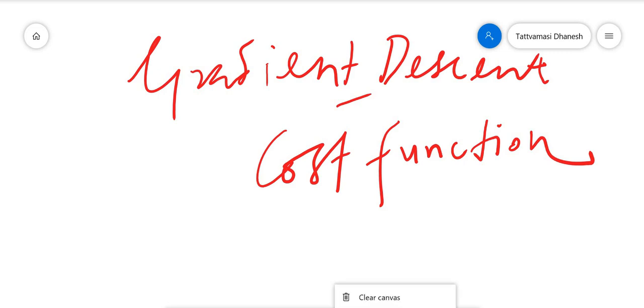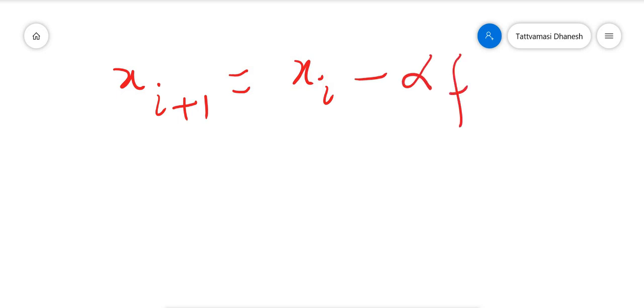This is the equation for gradient descent we are using. x new, the new value of x, is equal to x i minus alpha into f dash of x i, where f dash means the first derivative, dy by dx. So this is the equation we use.